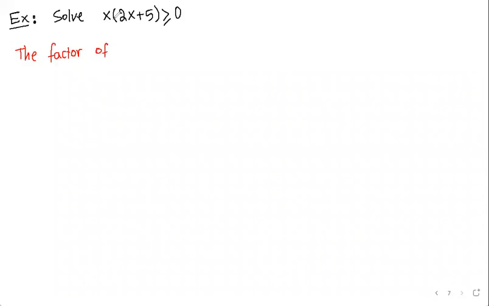So these things here, if we look into this one, it looks like it's factored already. So we have x times this factor. X equals 0. And what's the other solution? So you subtract 5.